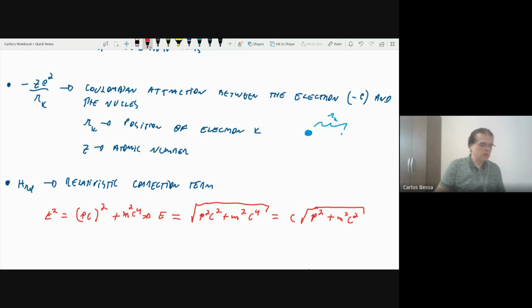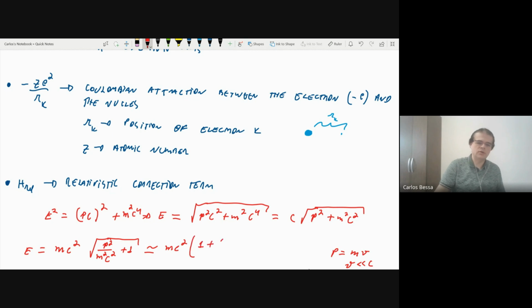You can make an approximation and write E as mc squared times the square root of 1 plus p squared over m squared c squared, putting c outside. Remember, momentum is m v, and in general v is much smaller than c, so you can expand this term.